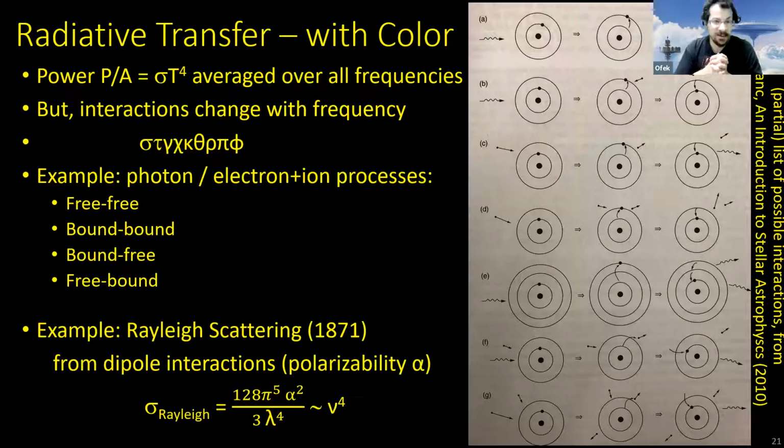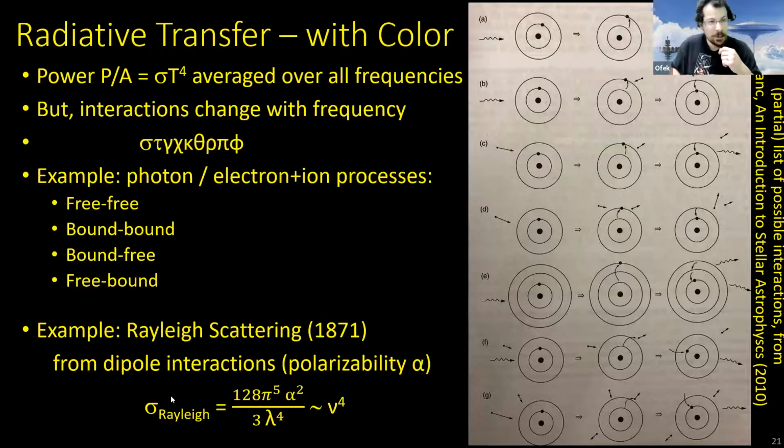We mentioned Rayleigh scattering before. So Rayleigh scattering comes from dipole interactions between incoming radiation photons and anything capable of developing a dipole moment. Water molecules, for example, have a very strong dipole moment, so they will be very strong scatterers of Rayleigh processes.